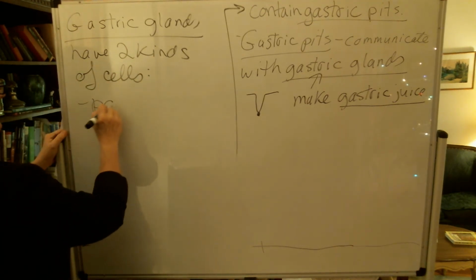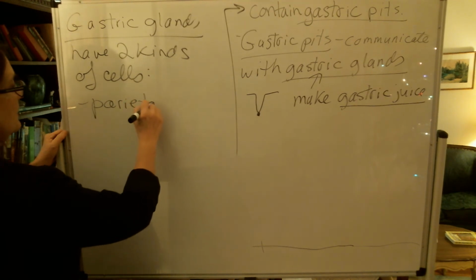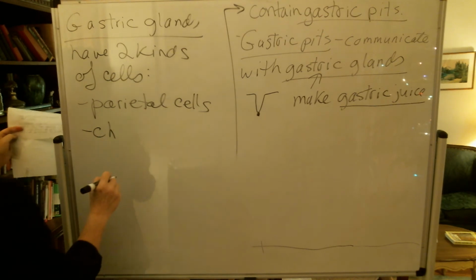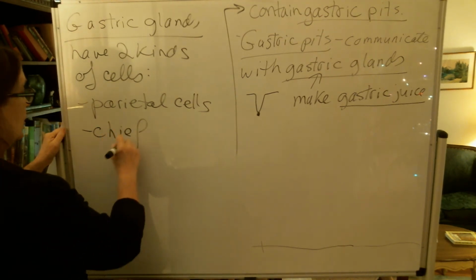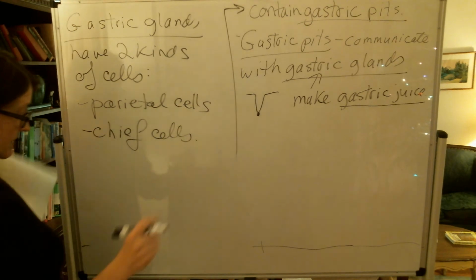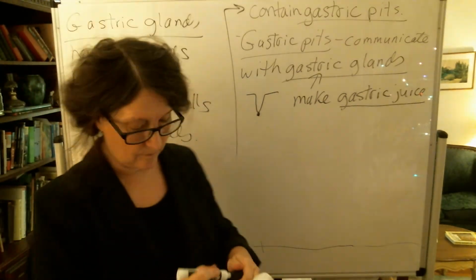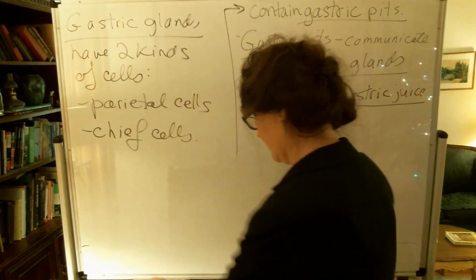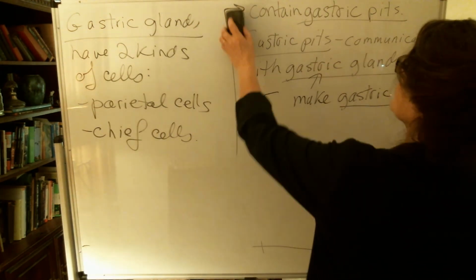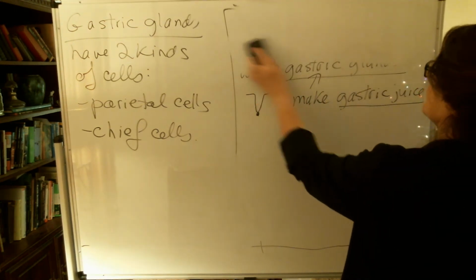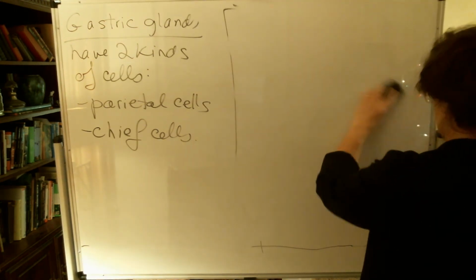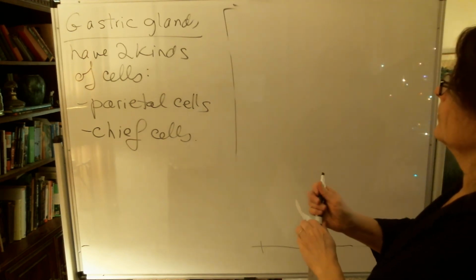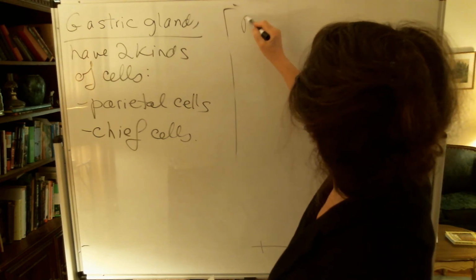They have what are called parietal cells, and they have what are called chief cells. So the parietal cells then.